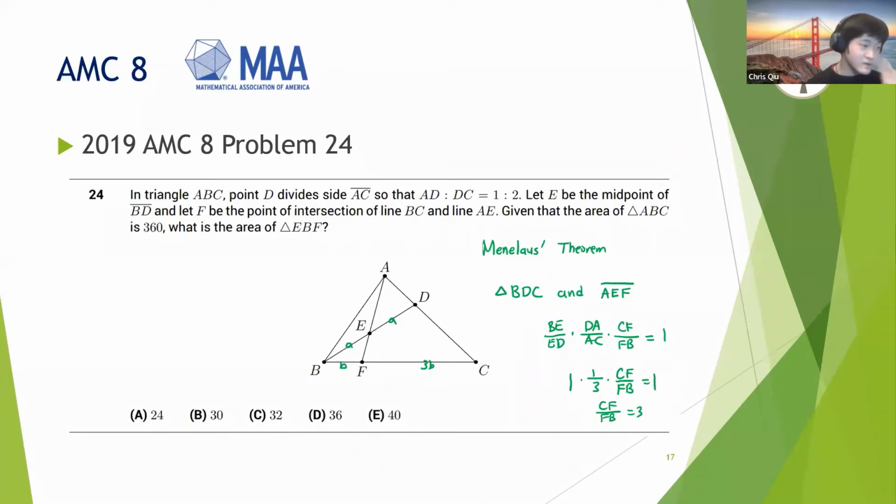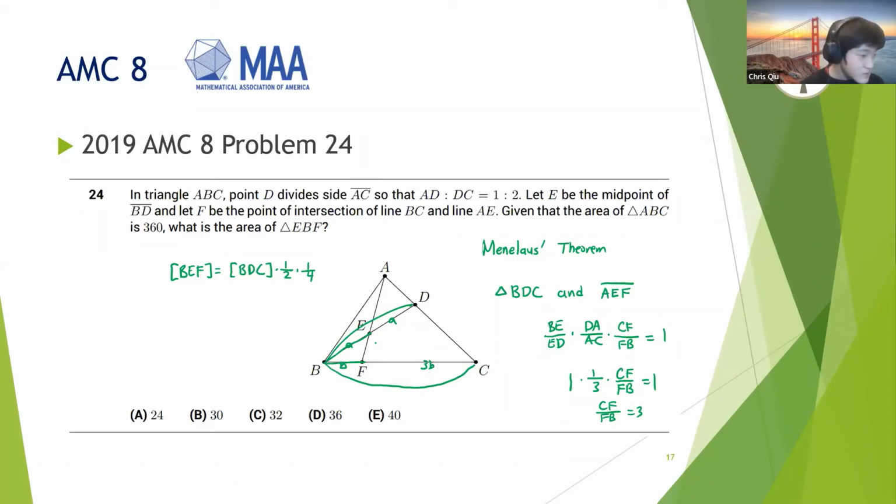So one way you can find the area of BEF is by taking the area of triangle BDC and multiplying it by 1/2 and then 1/4. Where this comes from is we're multiplying by BE over BD, and then also multiplying by BF to BC. So BE to BD is A to 2A, which is 1/2, and BF to BC is 1/4.